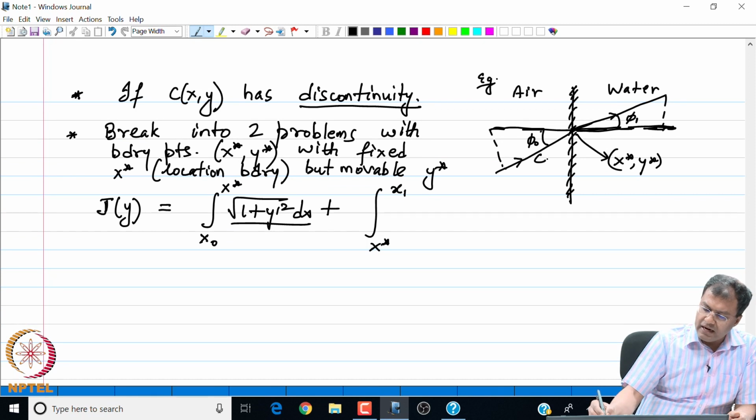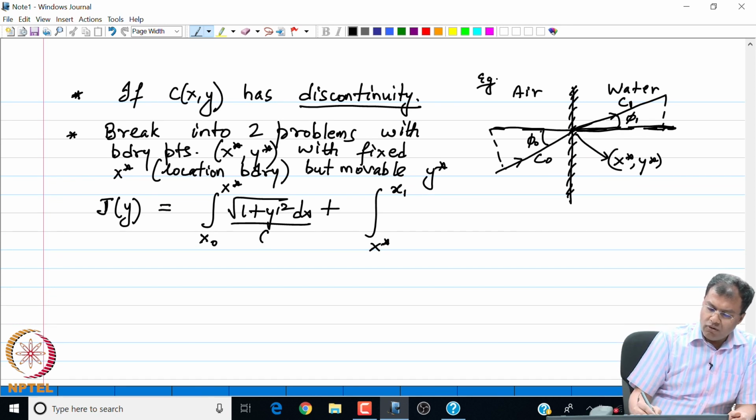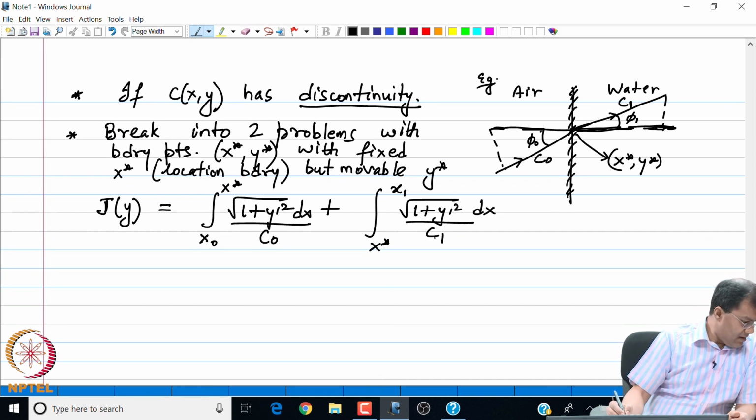Let us say the speed here is c0 and the speed here is c1. Since within a single medium the speed of light is assumed to be fixed and constant, it is only with different media that the speed changes, right. So in the first medium the speed of light is c0, and in the second medium the speed of light will be c1, right.